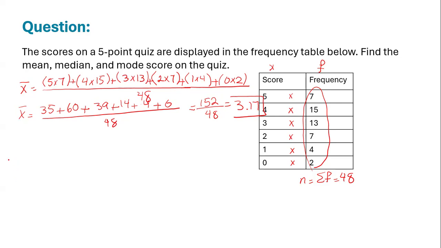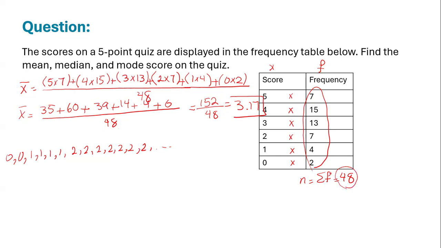That means I need to put 2 zeros, 4 ones, 7 twos, and I have to list all of the 48 numbers. I have to write 13 threes, 15 fours, and 7 fives. And I know I have 48 numbers, right?